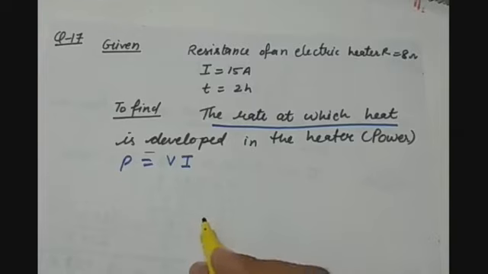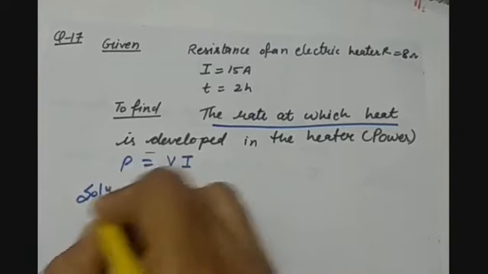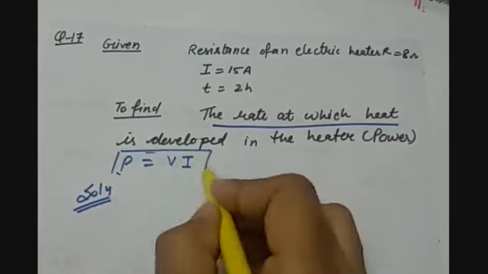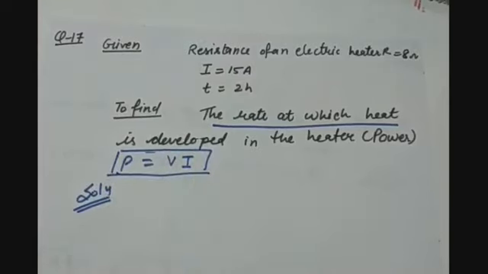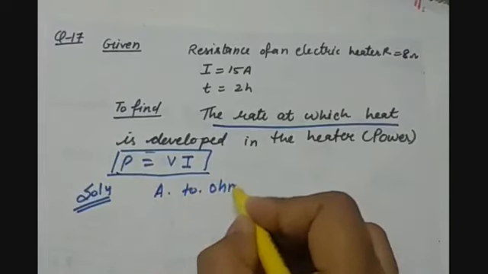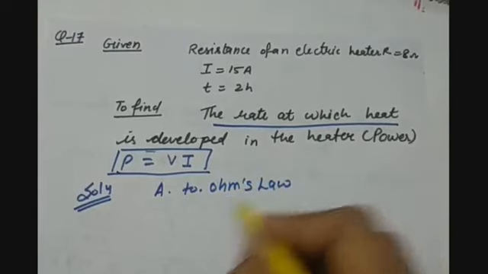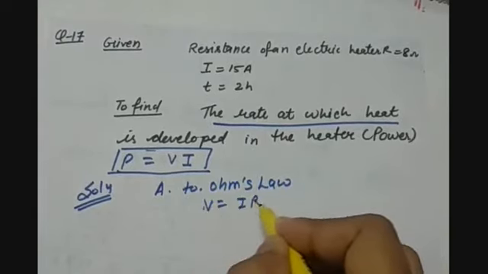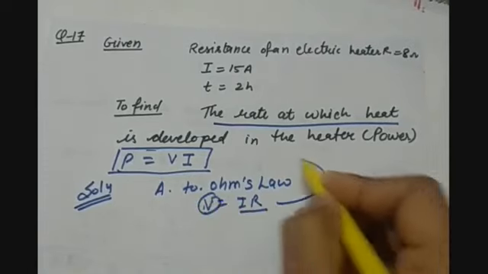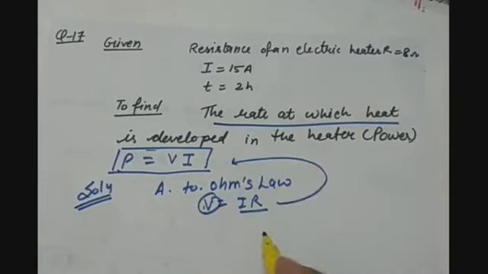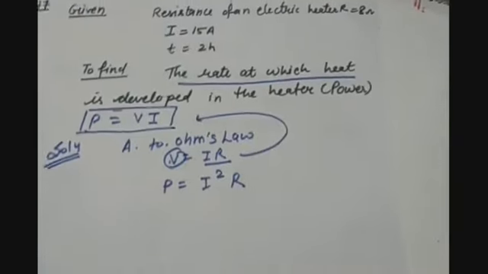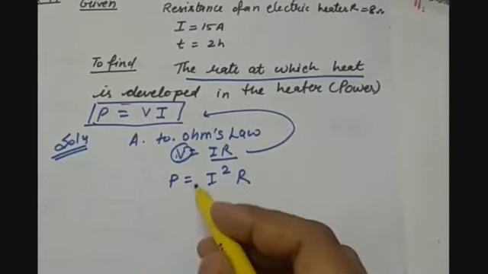So in this solution, we know that electrical power is given as this, and we have to calculate the electric power. So according to Ohm's law, we know V is equal to IR. So if V is equal to IR, and if we put the value of V here, then P becomes I square R, which is one of the modified forms of power.